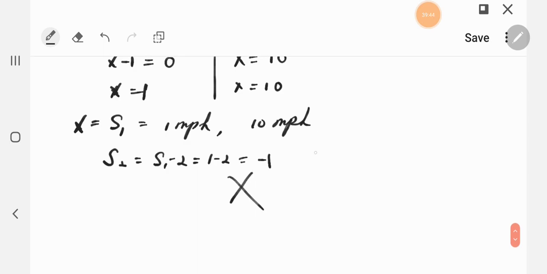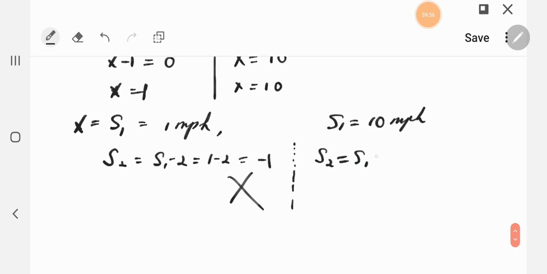Okay, now if s1 equals 10 miles per hour, s2 is equal to s1 minus 2, which is 10 minus 2. So s2 is equal to 8 miles per hour.